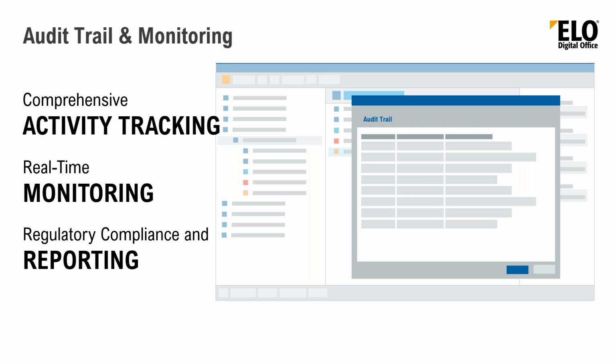And it's regulatory compliance and reporting. So that's the audit trail. You can always say who has done what with the document, even when they just opened it for preview or something. You can say that this happened with the audit trail.